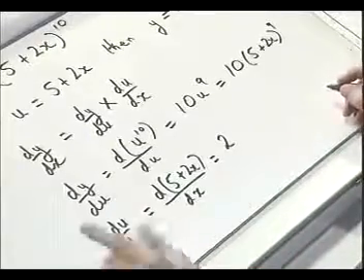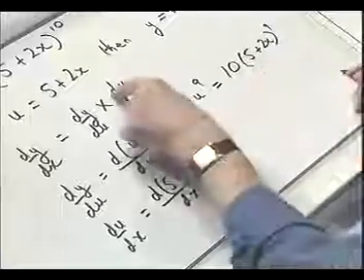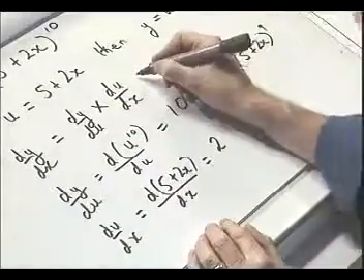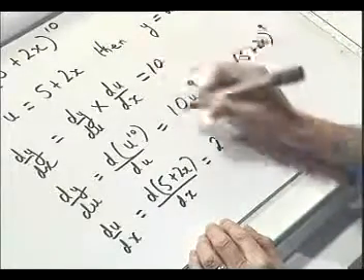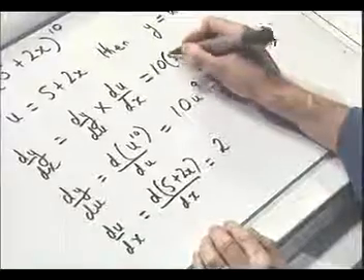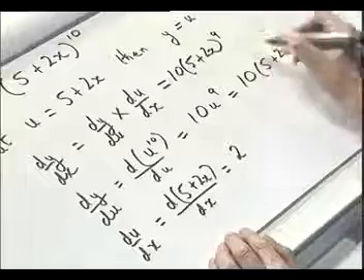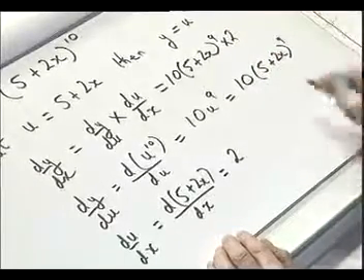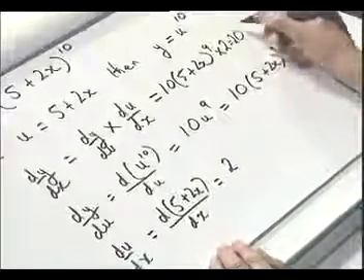So now we know what dy by du is, and we know what du by dx is. So we can write those in: 10 times (5 plus 2x) to the 9 times 2. And of course the 2 times 10 gives us 20.